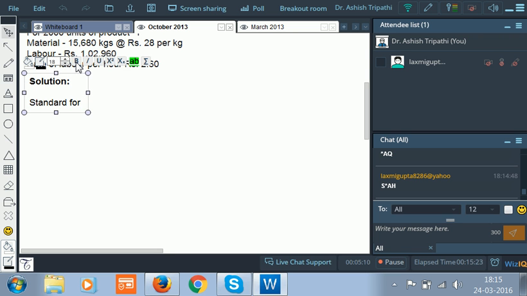This is the heading of the first table: standard for actual output.